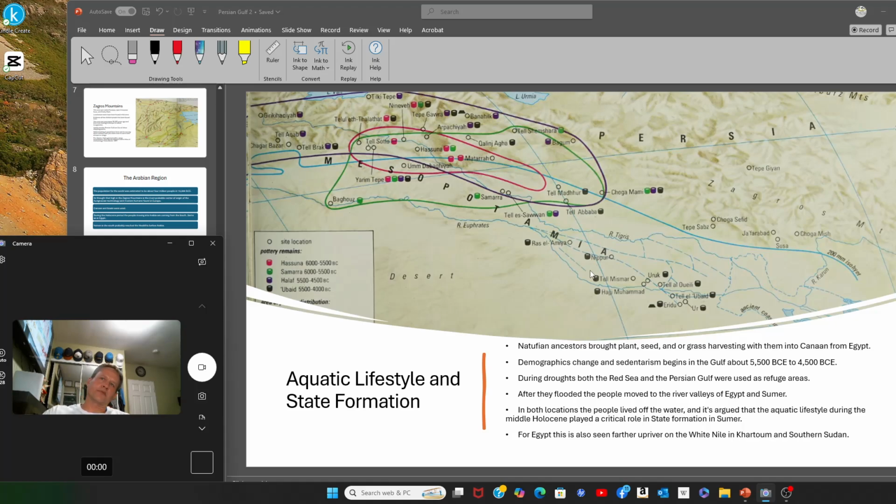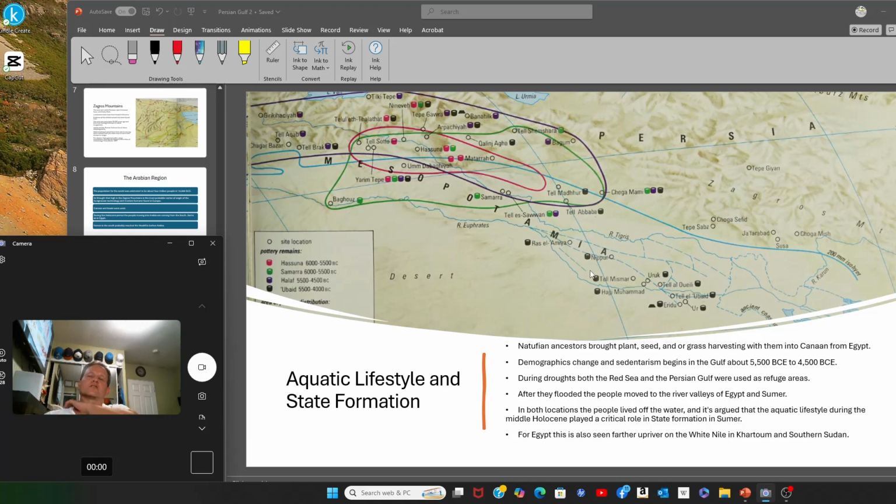So, up there in the White Nile in that area, they lived an aquatic lifestyle, so they're living off the Nile for their subsistence. And it was prior to Nubia or Egypt, there was the most powerful, I don't know if Eric calls it a state or a kingdom, or just a civilization.